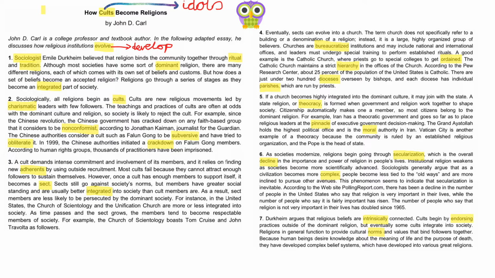And I also looked at the word dominant, because there is dominant religion. And what comes back for me as I read that, I annotate it to mean having influence, that is, to be dominant. Alright? And then you have the last one, the integrated.